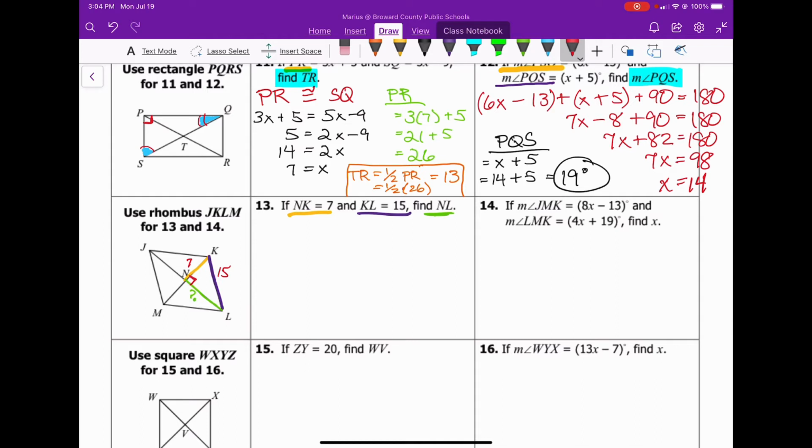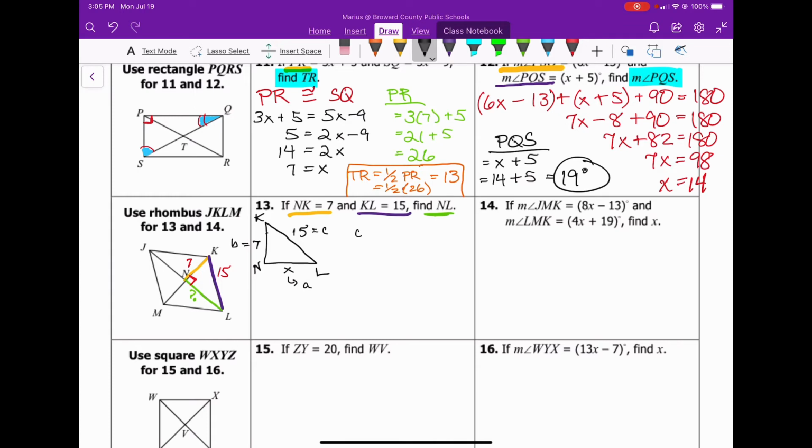So if we're finding the distance, then we're going to have to use the Pythagorean theorem. And I'll redraw the triangle so you can kind of see it a little clearer. This would be K, this would be N, and this is L. This is 7, this is 15, and this would be X, okay?